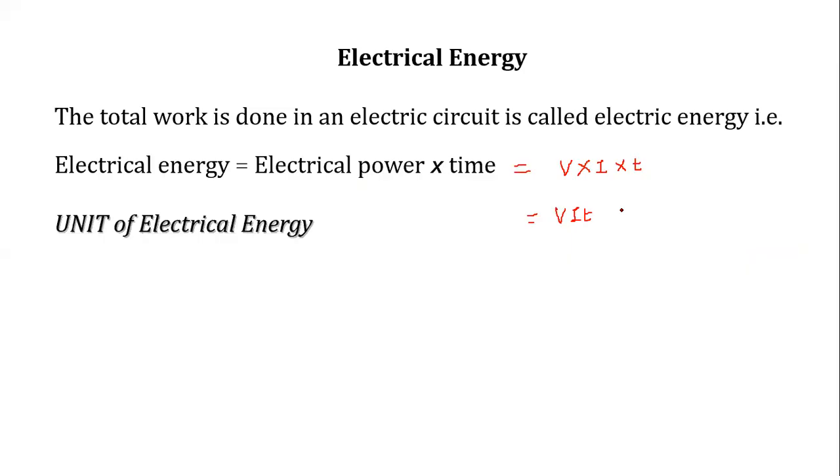But we don't use this unit. The unit of electrical energy is, so this is in watts and this is in seconds. I hope you are writing at your end, this will be quite difficult.